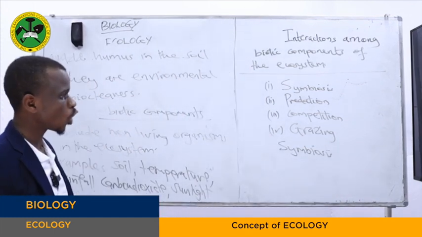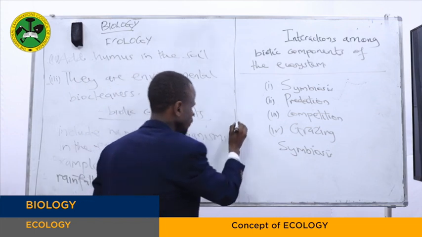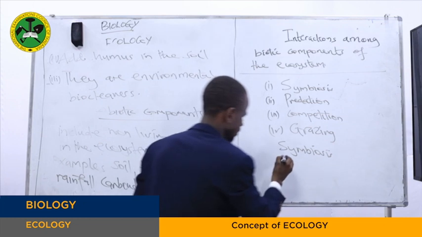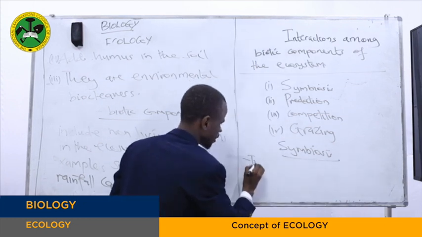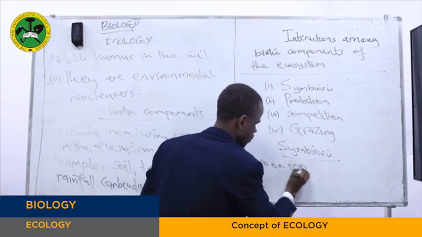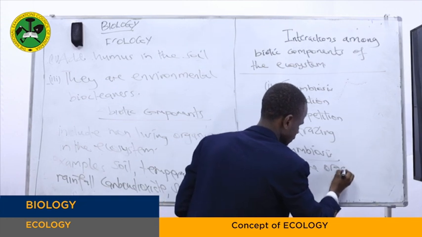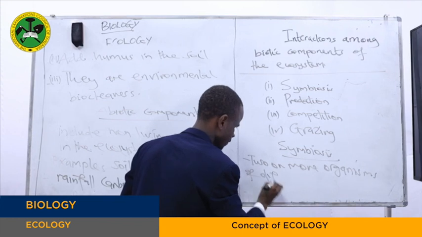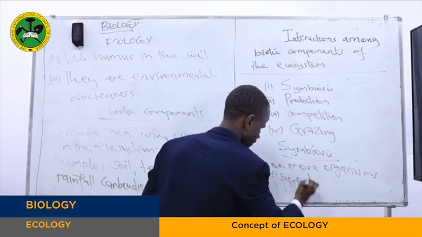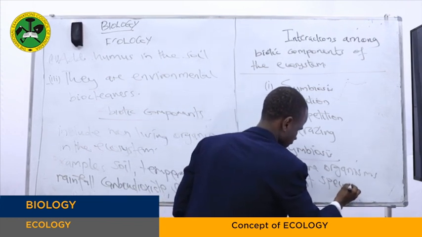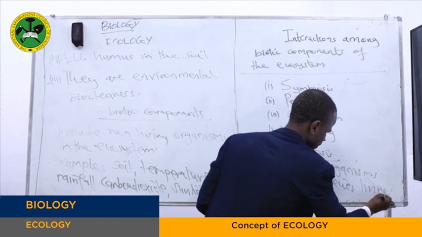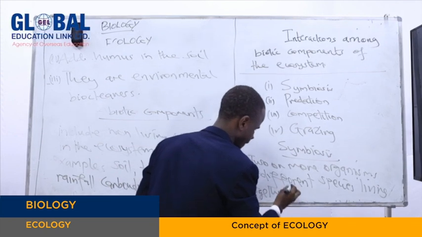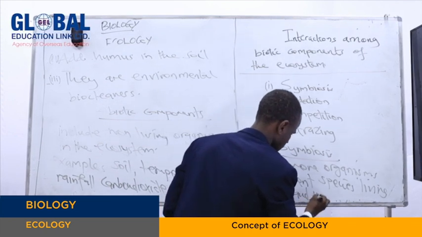Symbiosis: 2 or more organisms of different species live together and interact. Therefore, here 2 or more organisms of different species living together and interact.